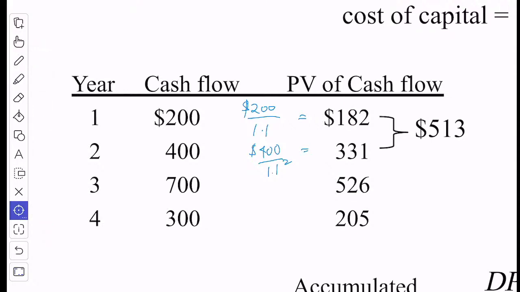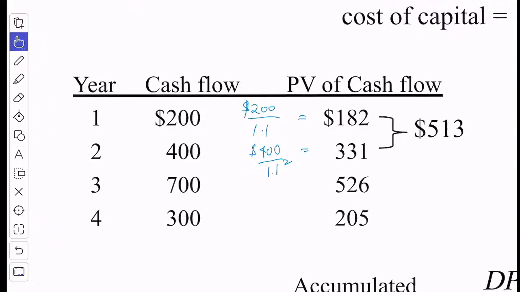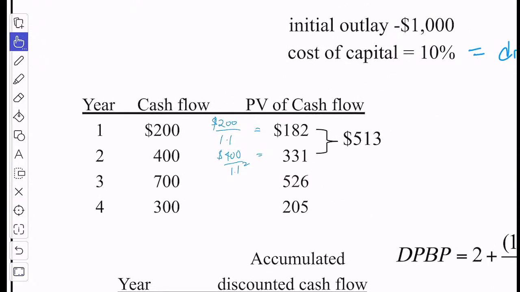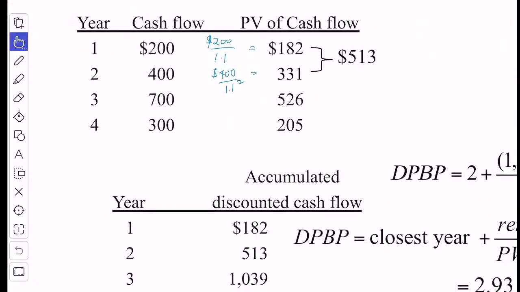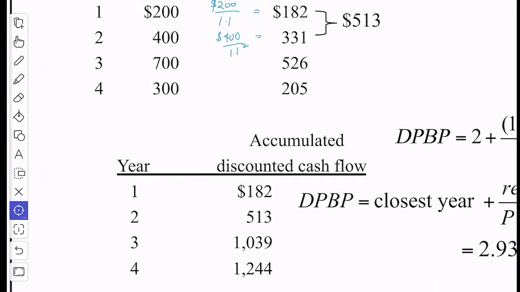And similar to what I just did, I create an accumulated discounted cash flow column, and that's what I do here. So I'm adding as I go along. So in the first year, 182 in present value dollars is recovered.